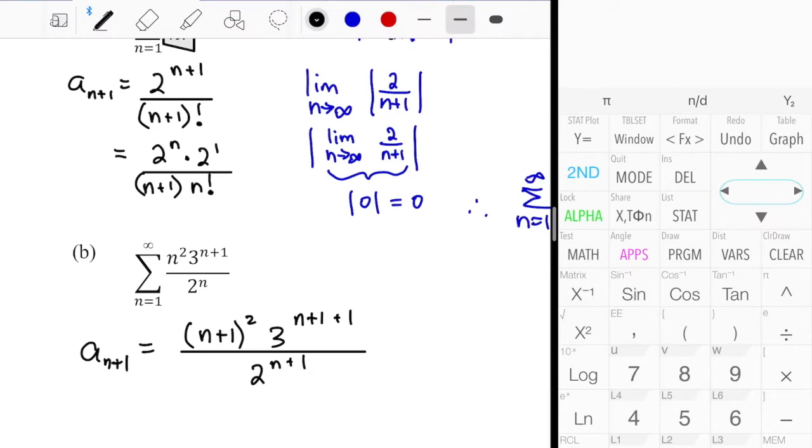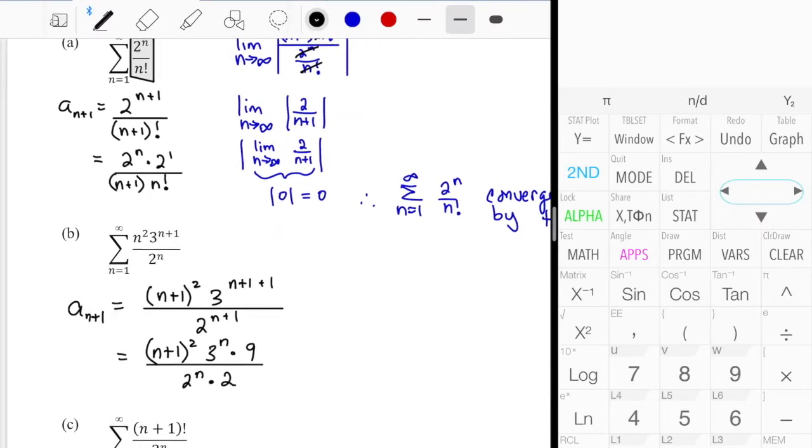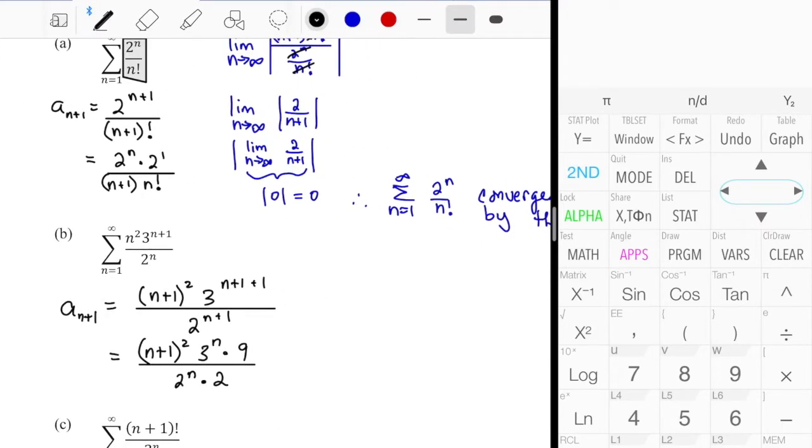So I'm going to rewrite this as, I'll leave the n plus 1 squared alone, but 3 to the nth times 3 to the first times 3 to the first, which I could just write as 9, over 2 to the nth times 2 to the first, which is just a 2. So it's that ratio.